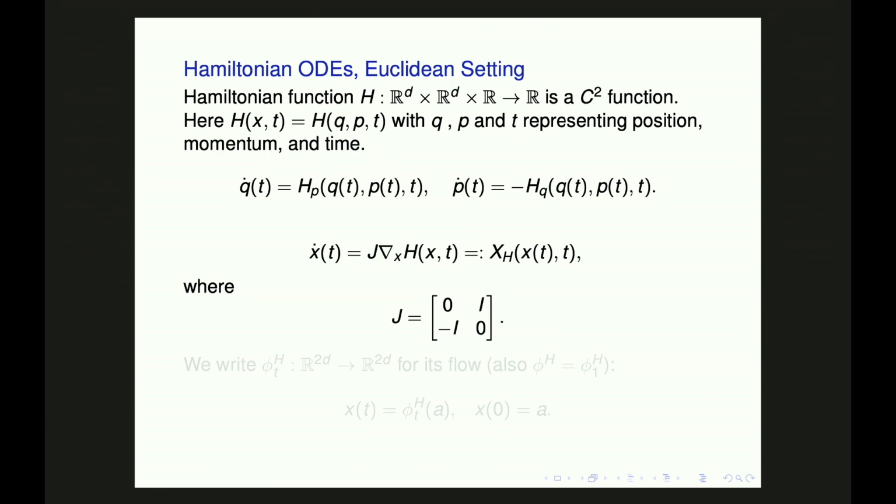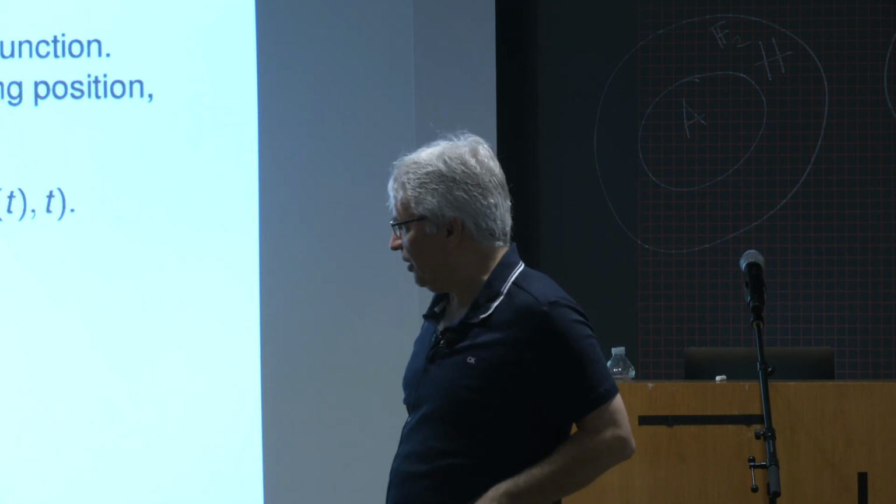You take the full gradient vector field associated with the energy H, but you put this matrix J, which is a 2D by 2D matrix with D by D identity matrices sitting there. The job of this matrix is taking the full gradient vector field and swapping p with q and putting a minus sign somewhere. So you're doing the other extreme as opposed to the gradient vector field.